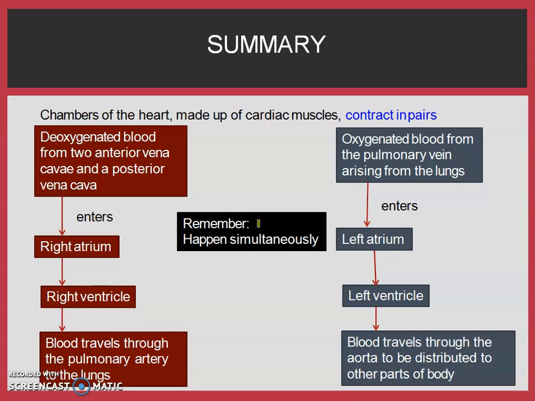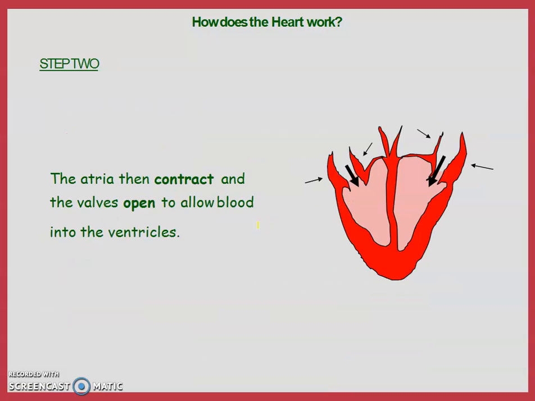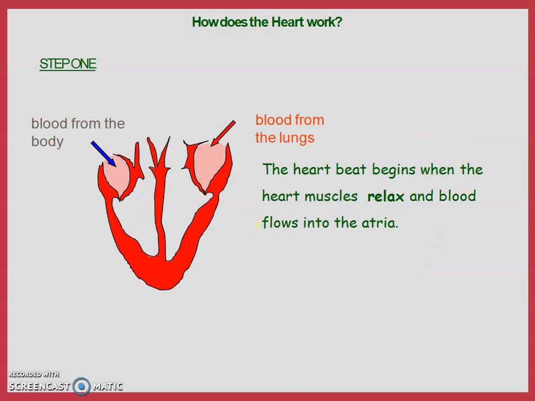So this is a summary. The situation in which the heart is in the relaxed position is called diastole. When the heart is in the contracting position, it is called systole.